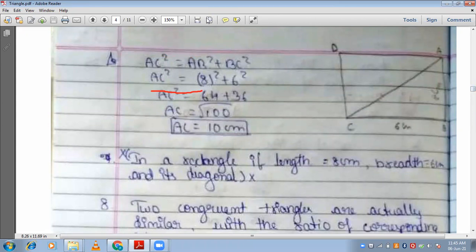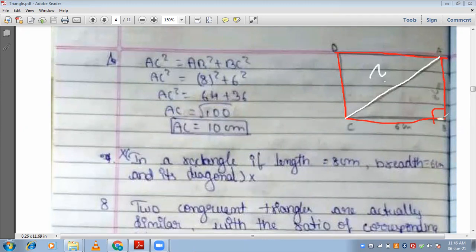So here, the given ABC is a rectangle. All angles must be equal to 90 degrees. The given length is 8 centimeter and breadth is 6 centimeter. You need to find out the diagonal. So consider AC is the diagonal. You need to find out the length of AC.